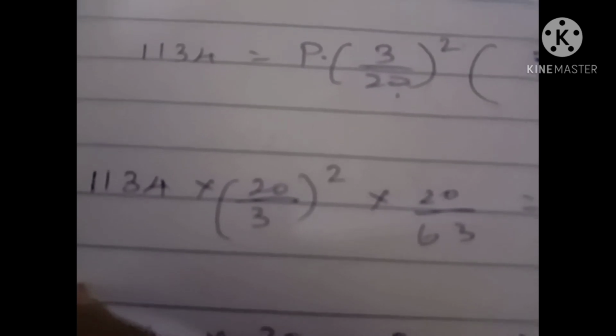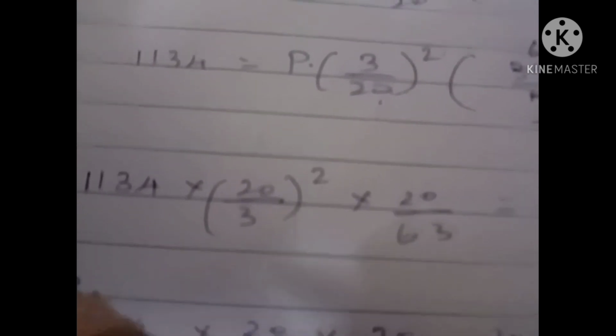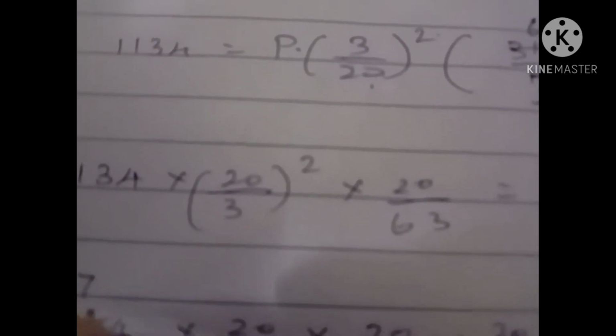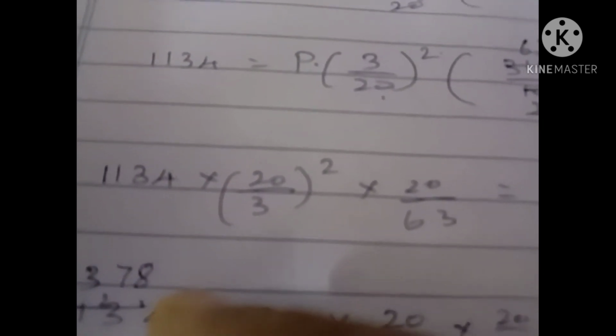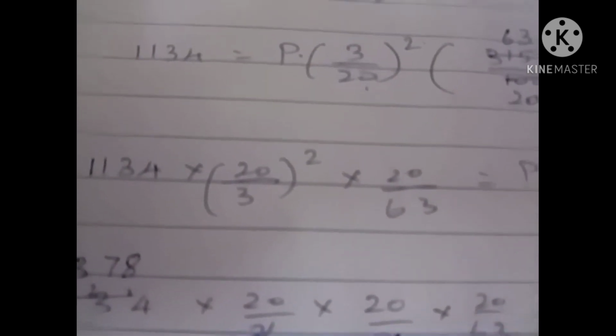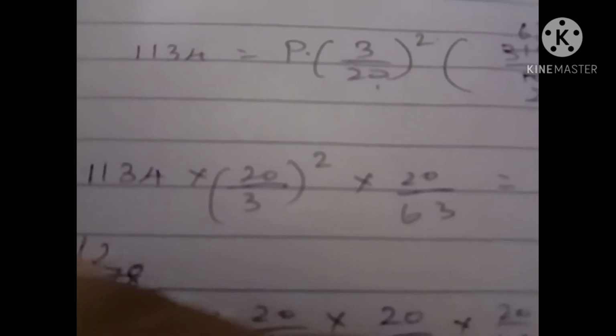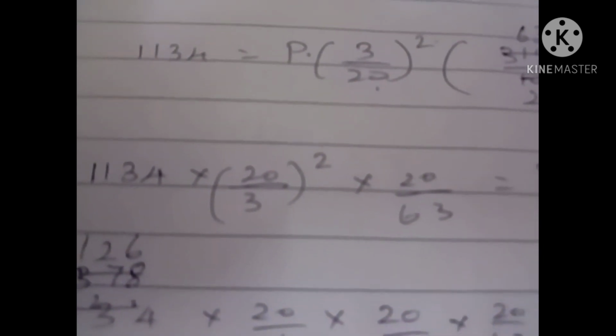Now in the 3 table, 3 threes are 9, carry 2, 3 sevens are, then carry 2, 3 eights are. Then again with the 3 table, 3 ones are, 3 twos are, 3 sixes are.